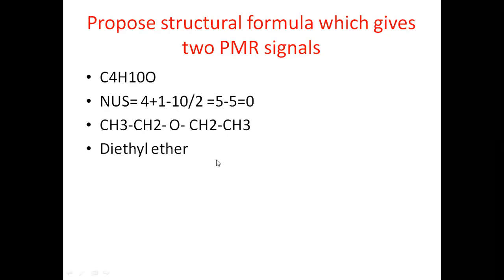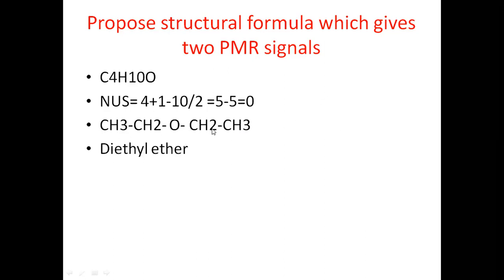How will you get the signals? Two signals will be obtained, one for the 4 hydrogen atoms and one for the 6 hydrogen atoms. The 6 hydrogen atoms will be a triplet.